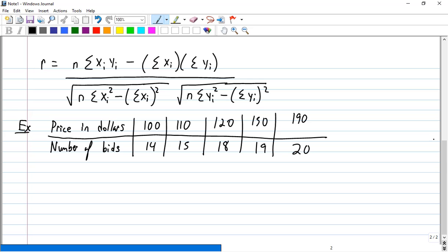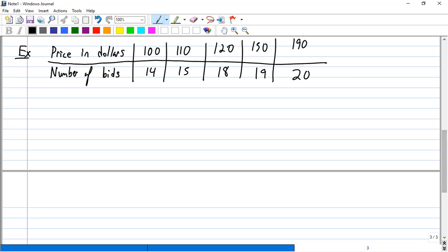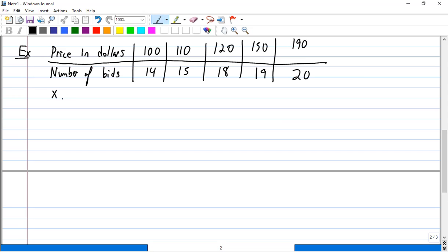Okay. So I'm going to make me a table. So let's make one column that is my x values. All right, so I'm going to say this top is my x value, and the bottom number is my y value.